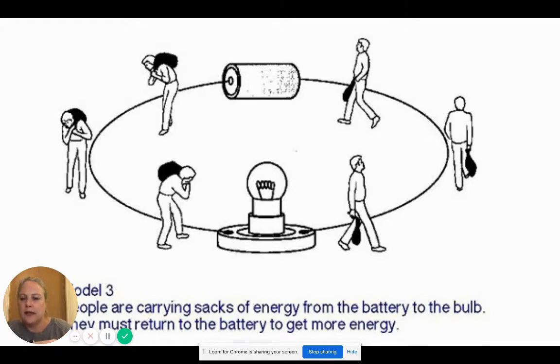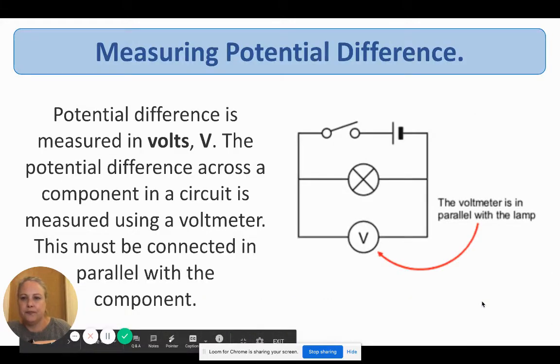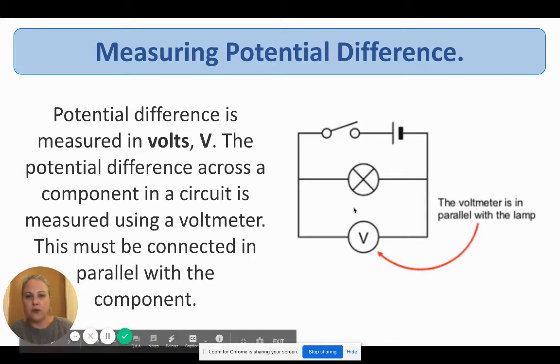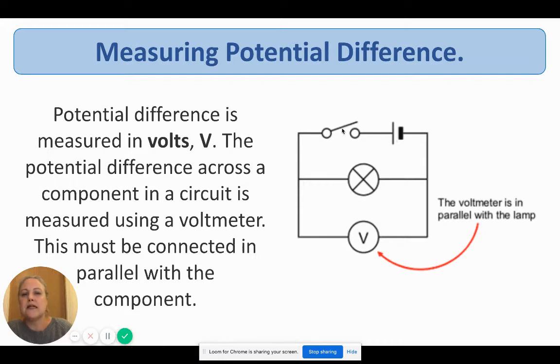Okay, so let's have a little look. So potential difference is the measurement of how much voltage there is before the bulb. So here we've got our battery. If it's got 6 volts, we've got 6 volts going round here, going to our bulb, being carried by our electron, and then nothing left on this side.